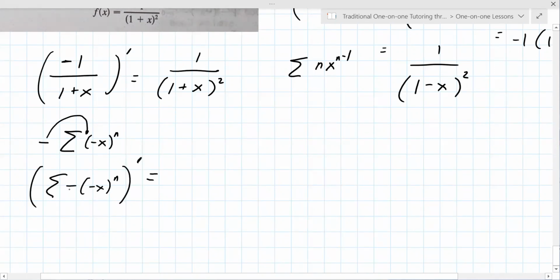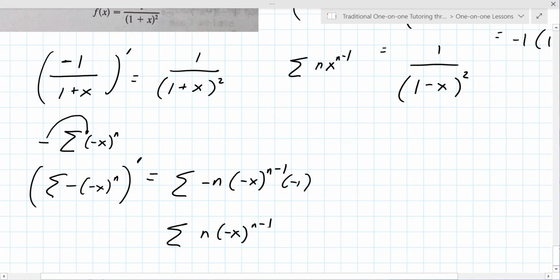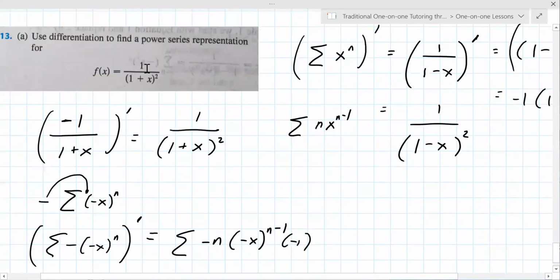The derivative is: bring the n down front, minus n (minus x) to the n minus 1, take the derivative of the inside function, which is minus 1, and then you can combine some things, so you get n (minus x) to the n minus 1. Okay. And so the point is that you can do a problem like this by figuring out what it came from, and then taking the derivative of that one that it came from.